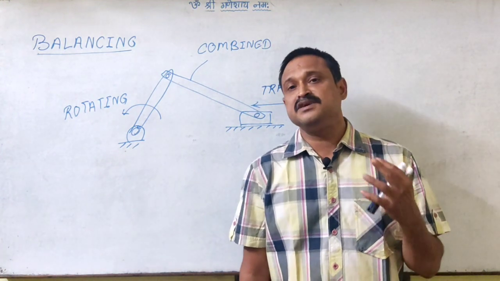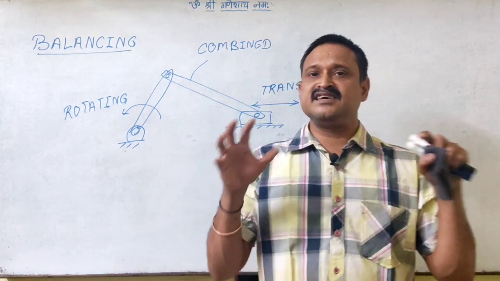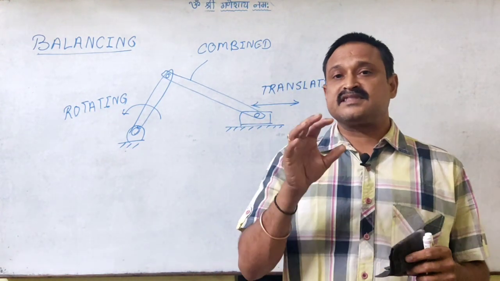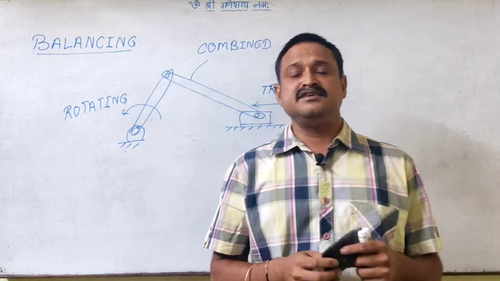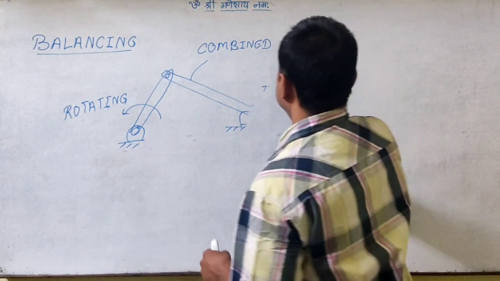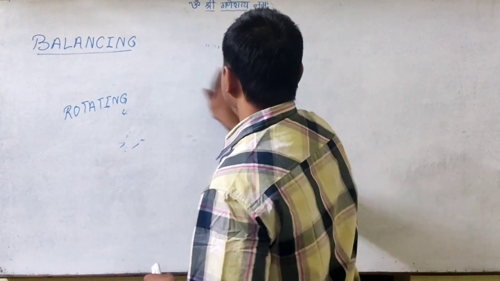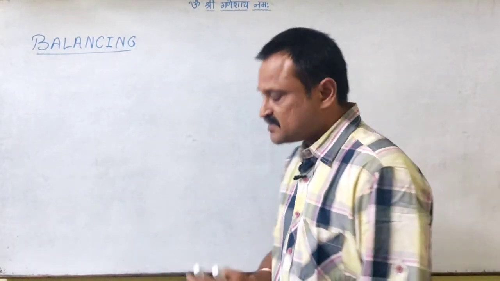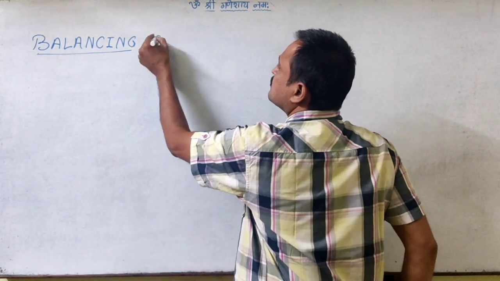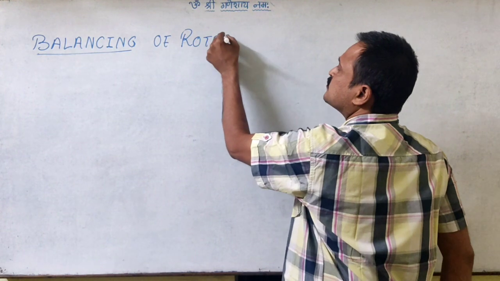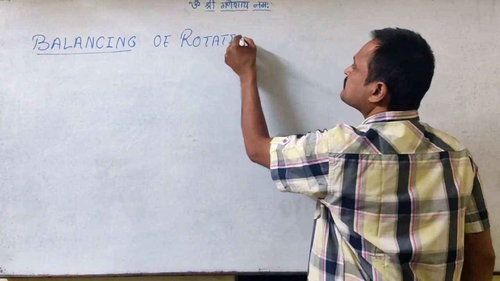So when we are doing the balancing after the installation of the system, that balancing is called field balancing. Let us try to understand one by one how we are balancing these systems, in which first we will see balancing of the rotating masses.